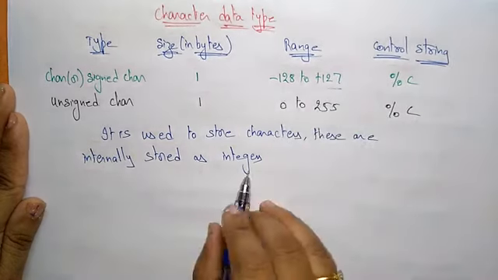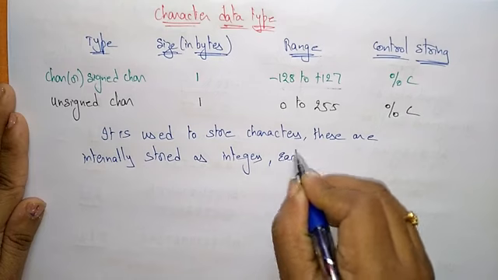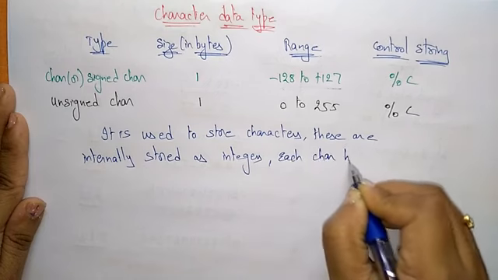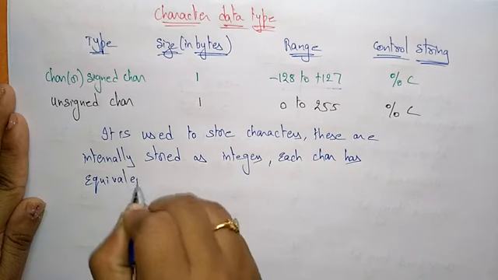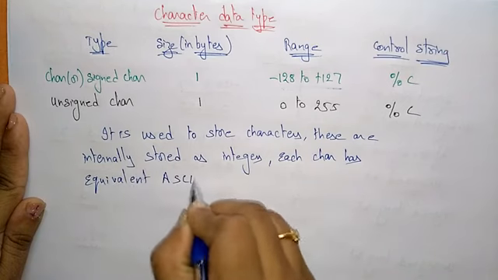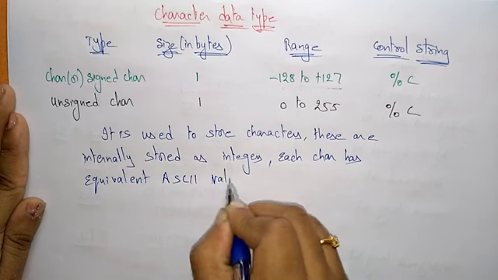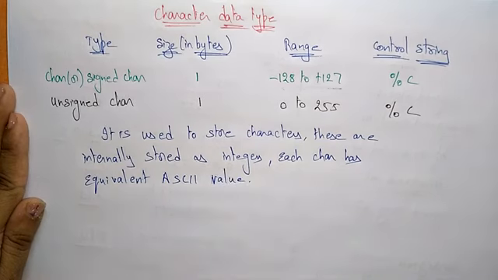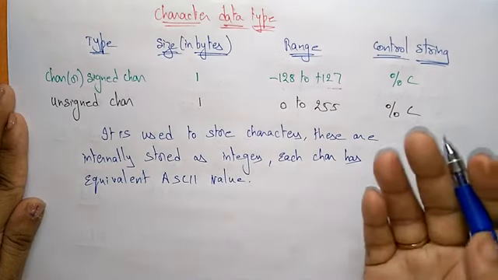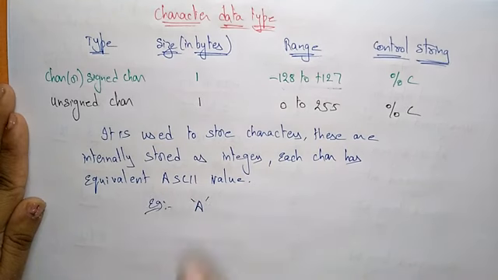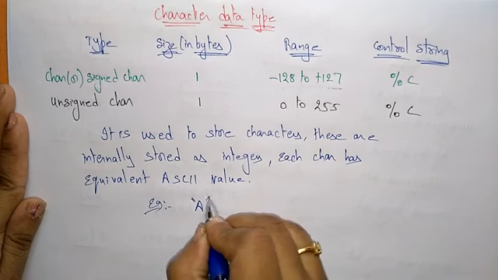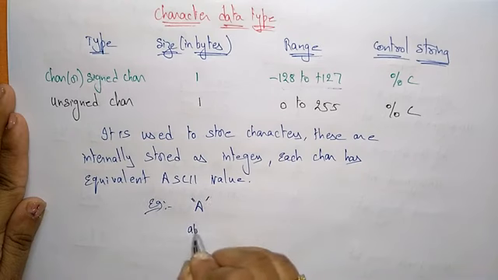Internally stored as integers, each character has an equivalent ASCII value, that is, an integer value. Suppose you take A as a character. The character is represented with single quotes, whereas a string is represented with double quotes.